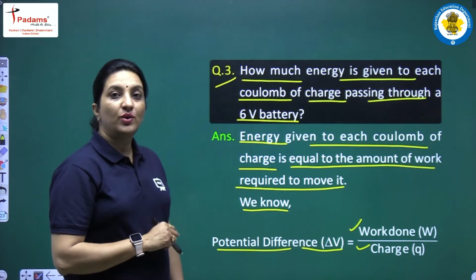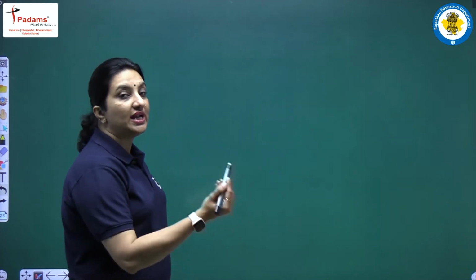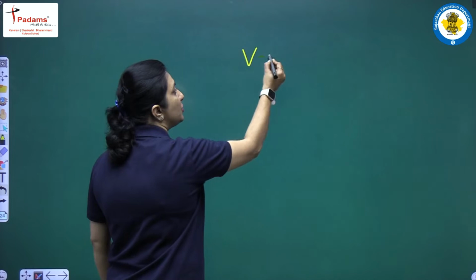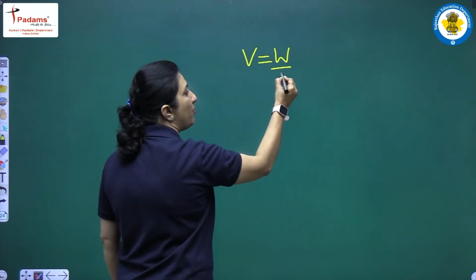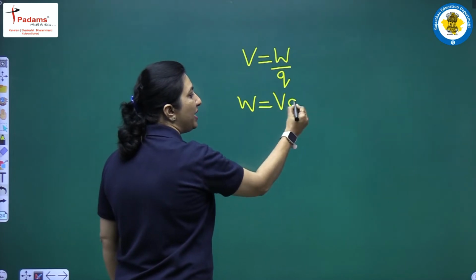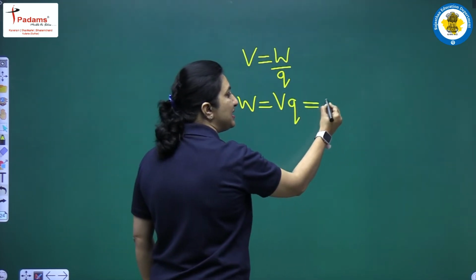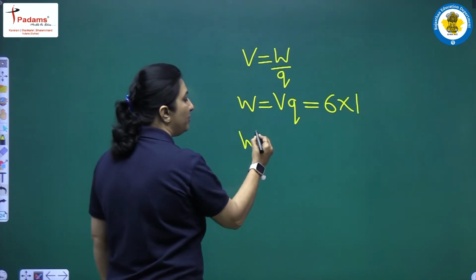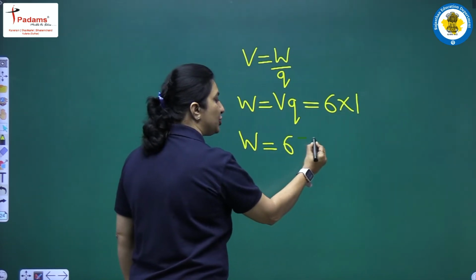So we need to calculate the energy, that is we need to calculate the work done. Now students, we know that V is equal to W upon Q. So W is equal to V multiplied by Q, and here V is 6 volts and Q is 1. So the work done will be equal to 6 joules.